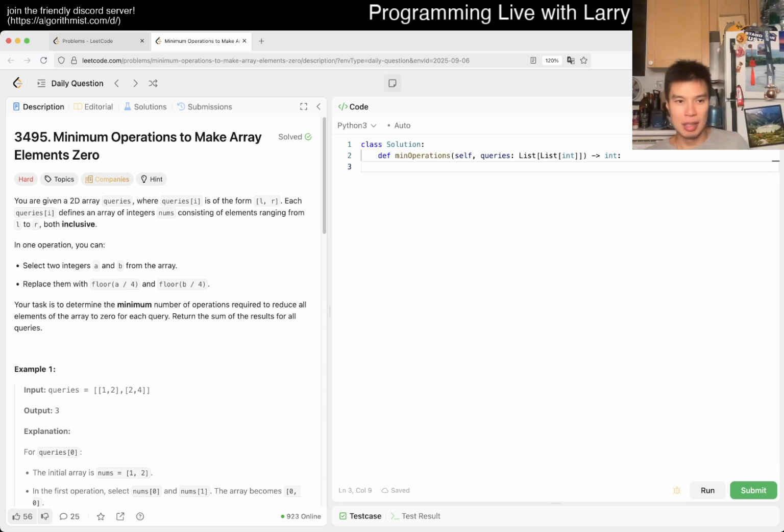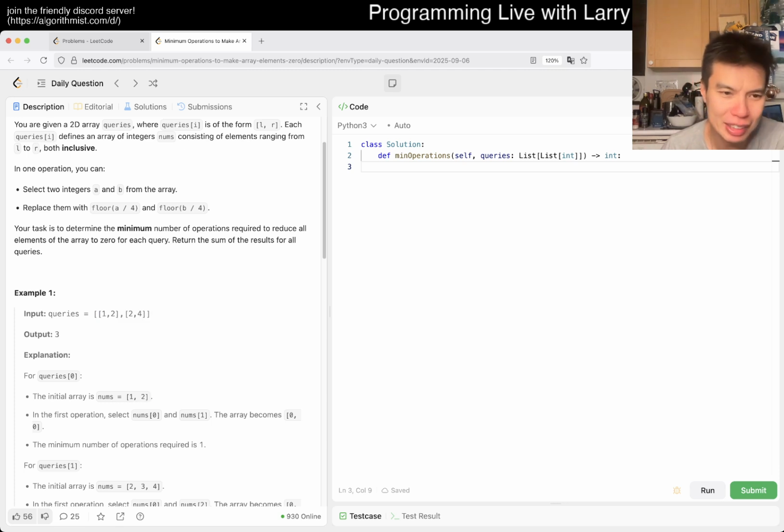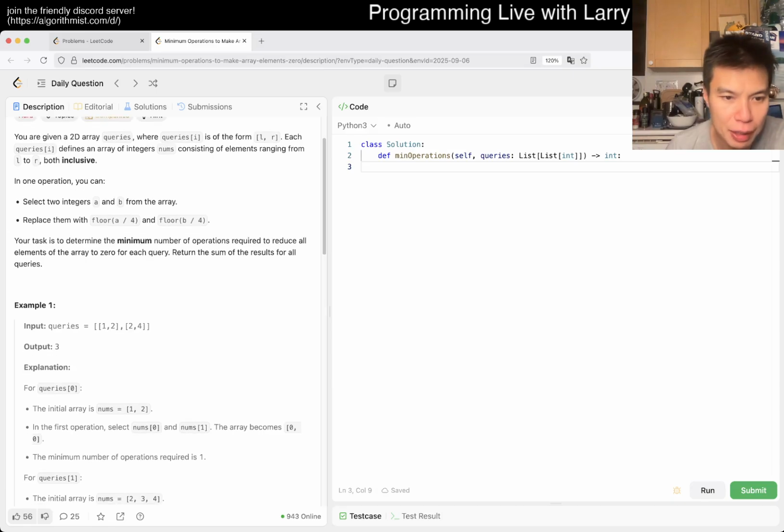I know these queries are such a random thing for this, but... Oh, excuse me. Okay, I see. I was a little confused because... Okay, I see. So basically, each query has its own nums. I see. And you're able to do 2 at a time, right?